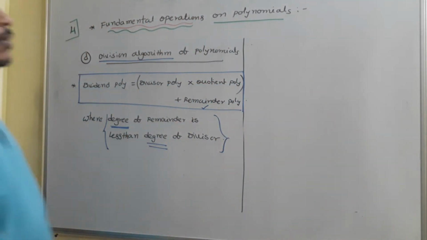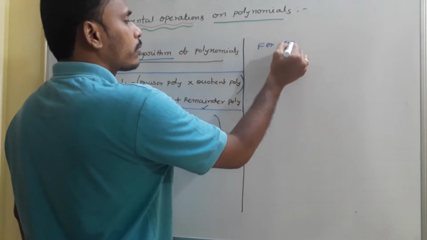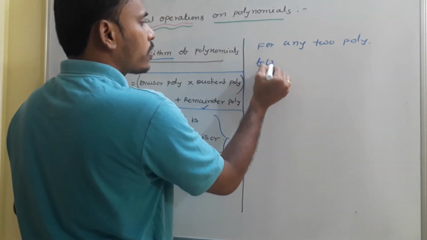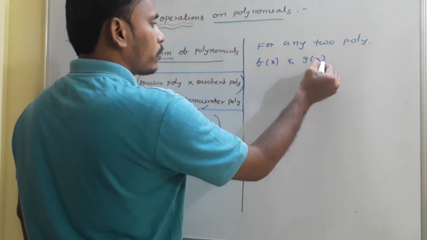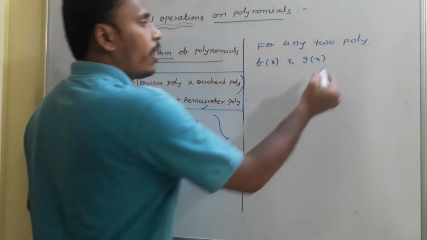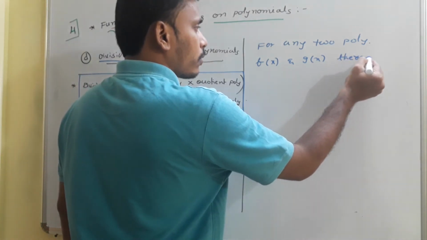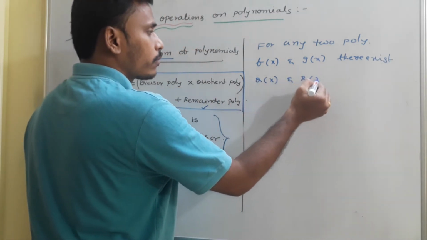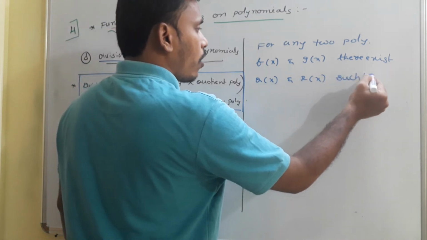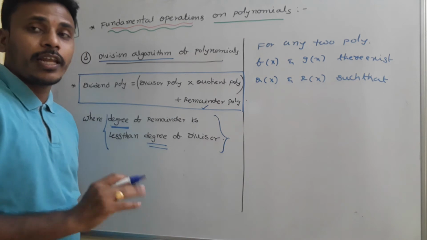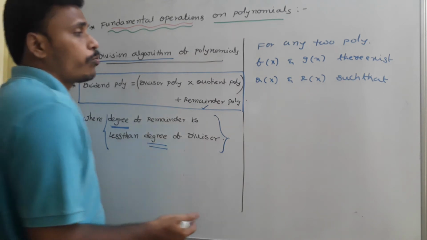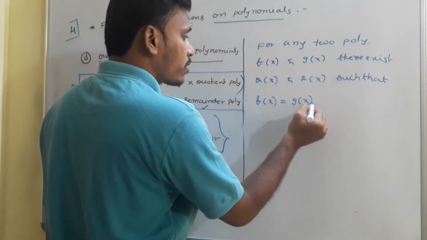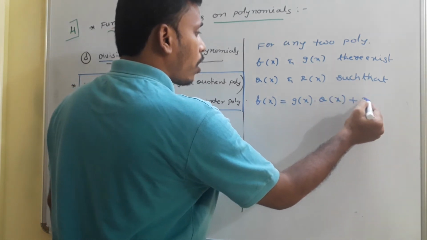For any two polynomials f of x and g of x, for sure there exist two polynomials q of x and r of x such that f of x is equal to g of x into q of x plus r of x.